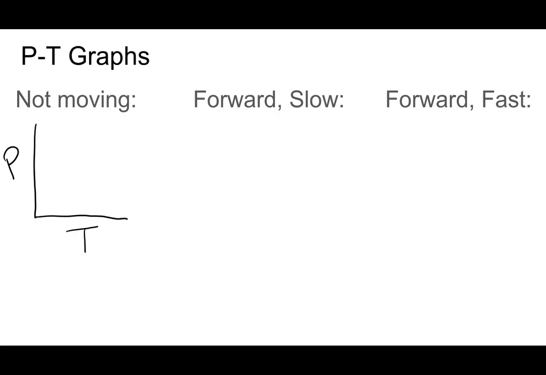If we are not moving, let's say I am 1 meter away from the tree. If I don't move, I will stay 1 meter away from the tree. So in 1 second, I'm still 1 meter. In 5 seconds, I'm 1 meter. In 10 seconds, I'm 1 meter, and so on and so on.